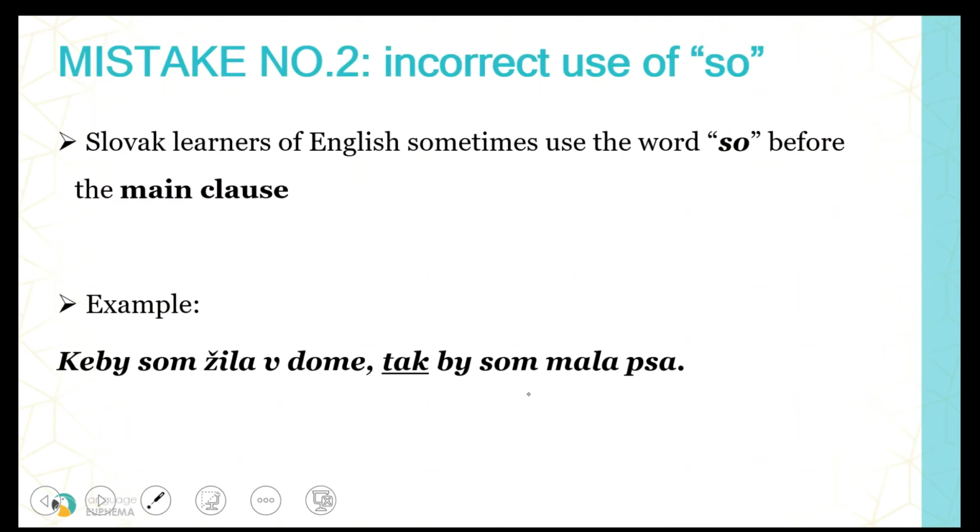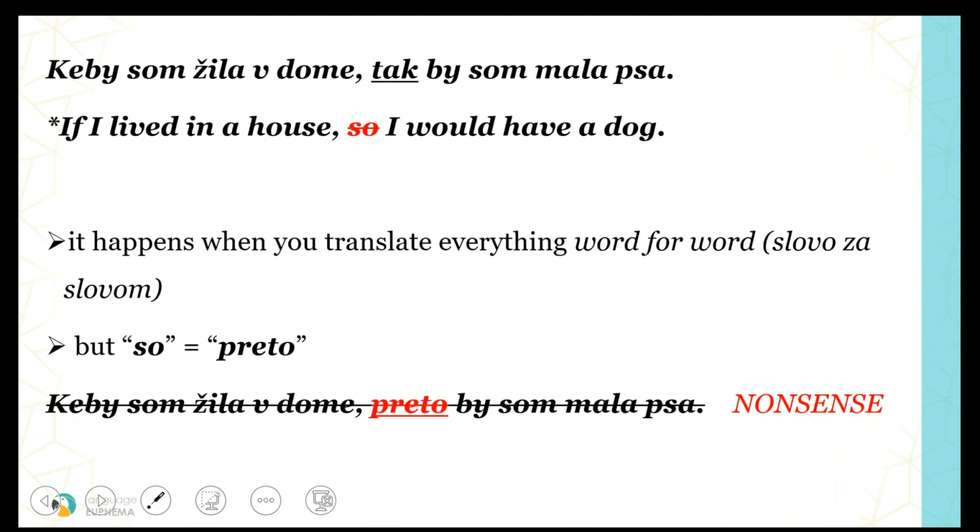Mistake number 2 is an incorrect use of the word so. Okay, many Slovak learners of English make this mistake because they use the word so before the main clause. Such as in this example. Keby som žila v dome, tak by som mala psa. This word tak makes trouble, is a troublemaker, because some of us want to translate every word for word.